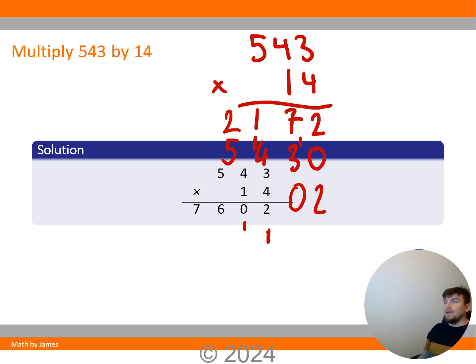Add that is 5. Add the 1 that's carried over, gives us 6. And then 5 add 2 is 7. So our answer is 7602. But we must understand how to add before we move on to this type of multiplication properly. Please do reach out to us if you need any help.